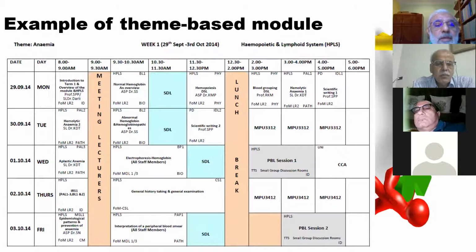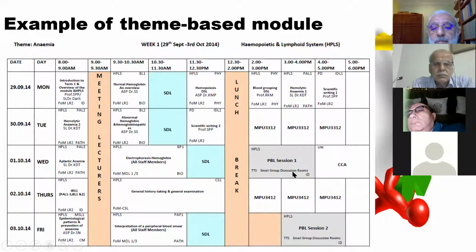For example, here is normal hemoglobin, an overview. Then physiology is teaching hemopoiesis. Again, blood grouping by physiology. Pathology might be talking about hemolytic anemia and abnormal hemoglobin or hemoglobinopathies.